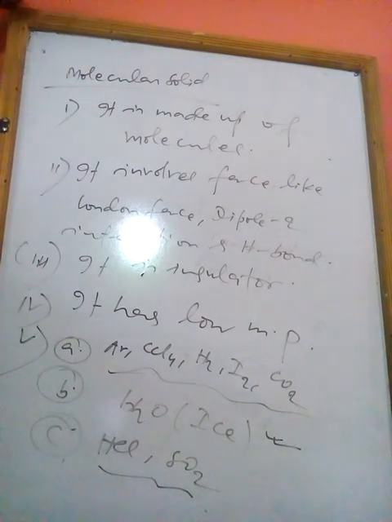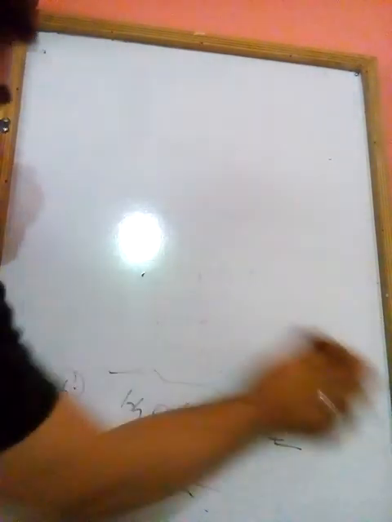The fourth solid is metallic in nature. Metallic solid. Now we will study more about the metallic solid. It is made up of positive ions in a sea of delocalized electrons.